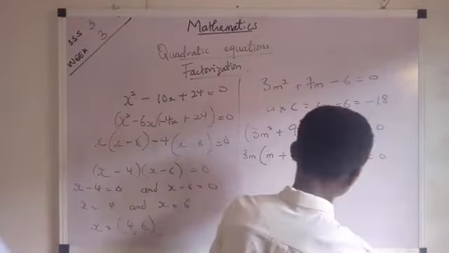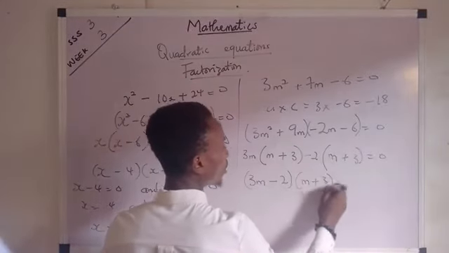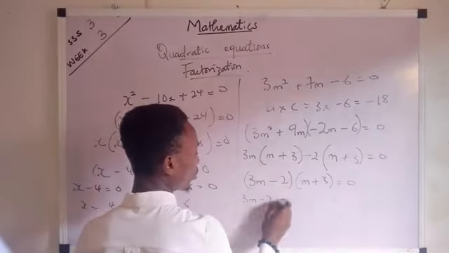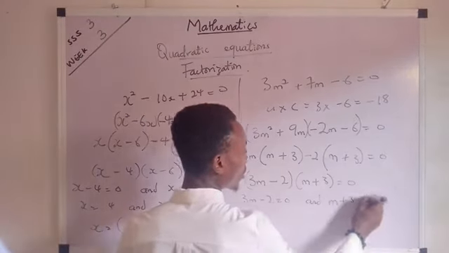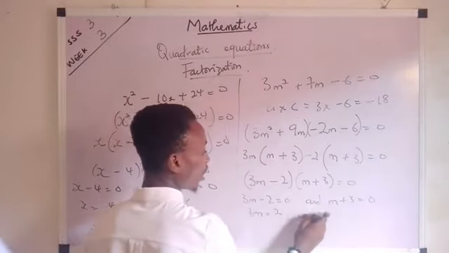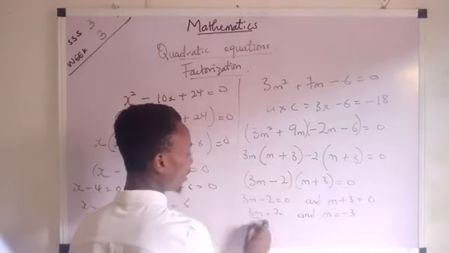Now you have 3m minus 2, m plus 3 equals 0. 3m minus 2 equals 0, and m plus 3 equals 0. 3m is equal to 2, and m is equal to minus 3. Divide both sides by 3 here.